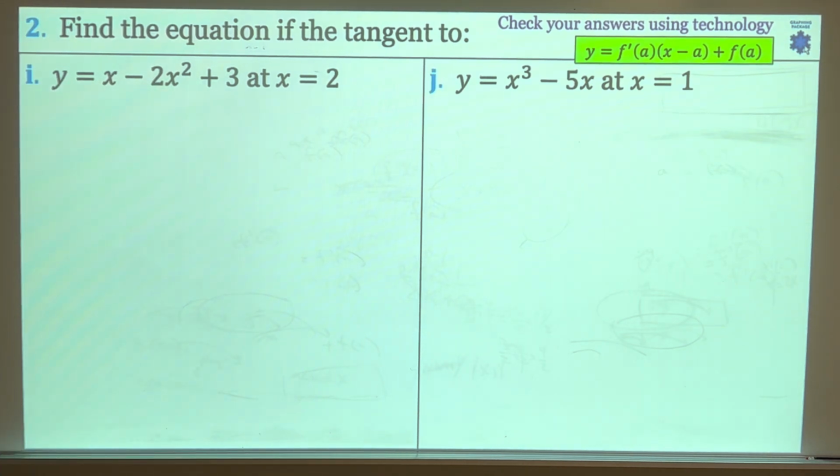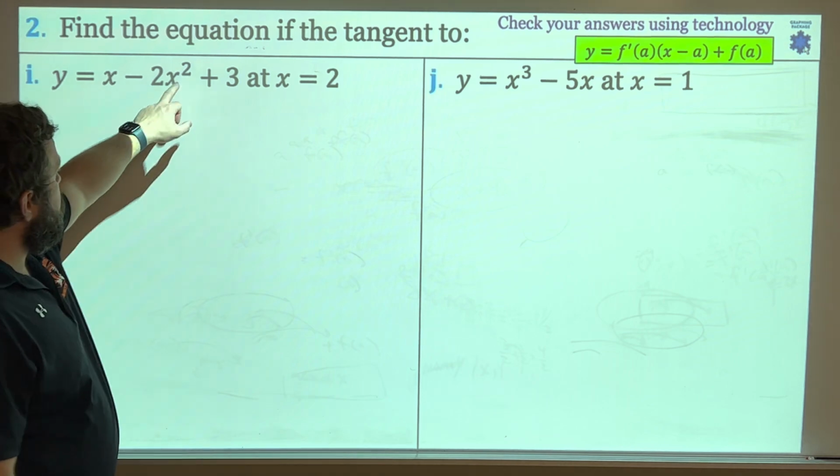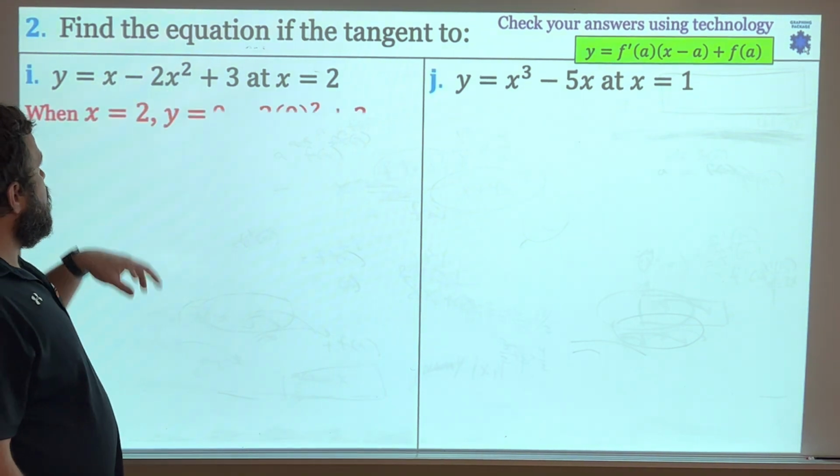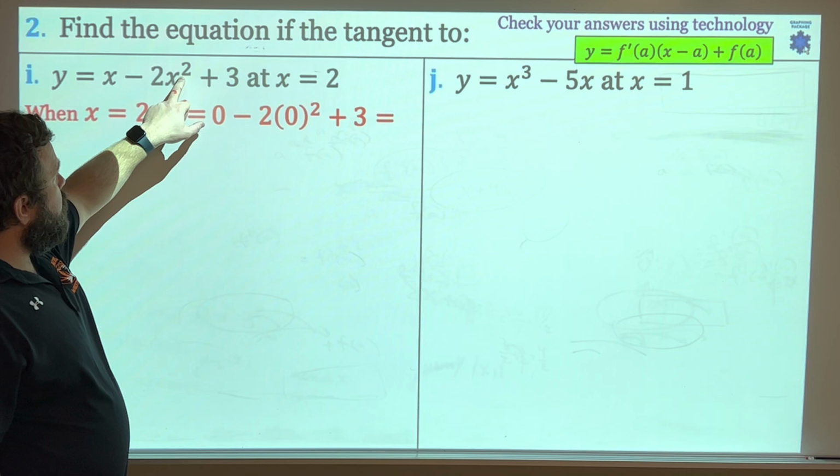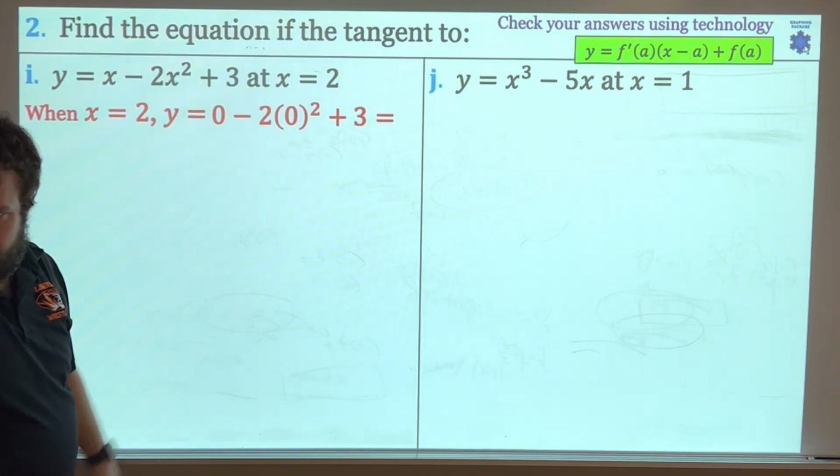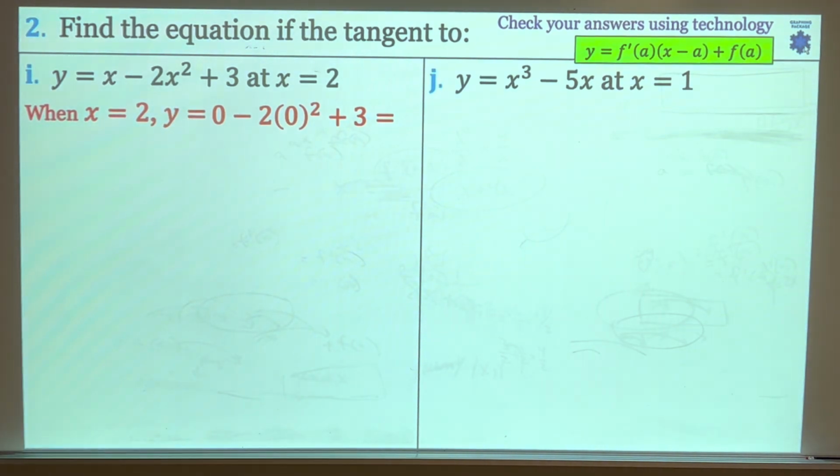First thing, when x is 2, plug in 2. 2 minus 2 times 2 squared. Wait a second. Uh-oh. Did I do this one wrong? Oh, no. All right, so I think it's when x equals 0 now.